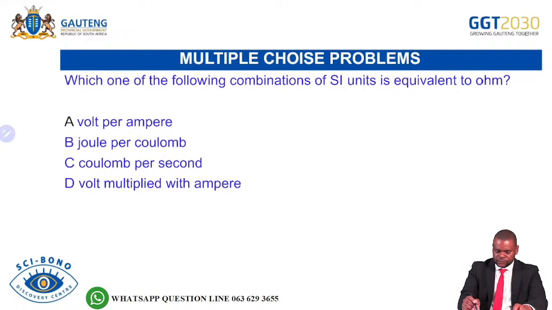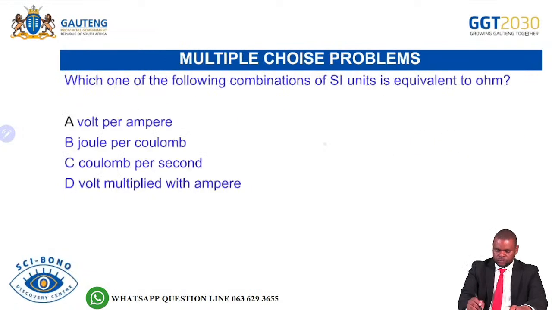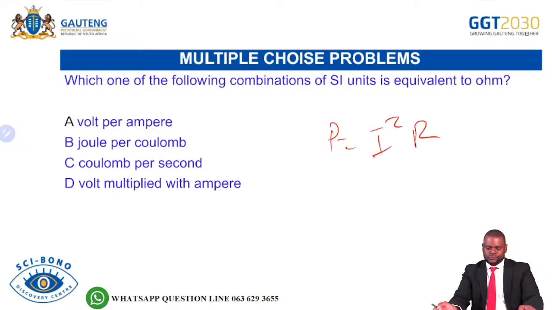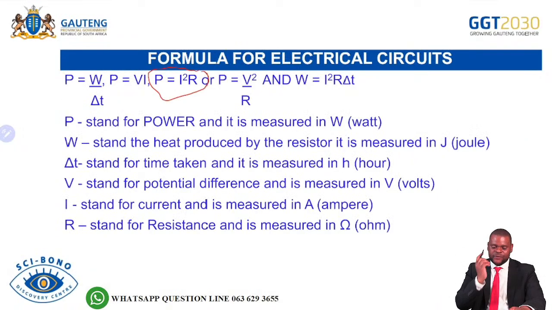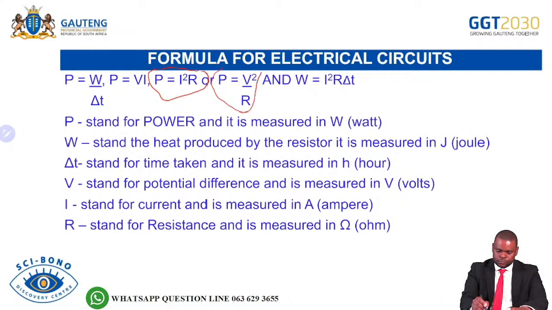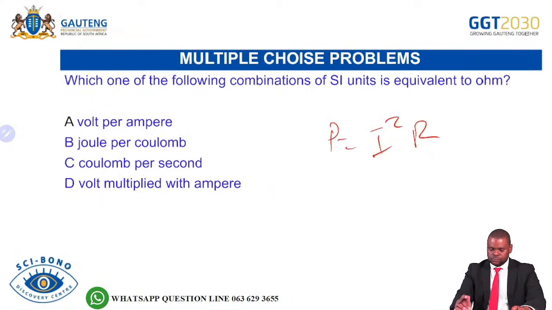We have P is equal to I squared R. Let's go back and check which other one has R. Is this one. Which is what?